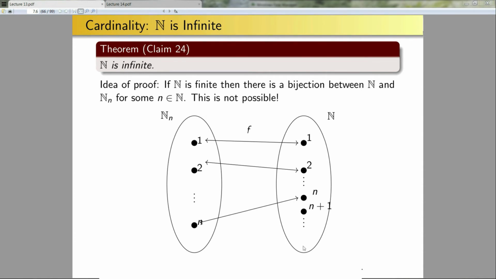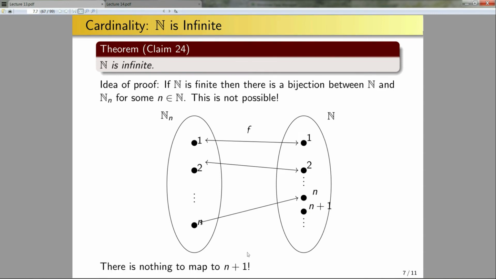So now I can notice that N has this element n plus 1 that does not have anything that maps to it. So explicitly, there is nothing to map to n plus 1. Now this is a problem because since nothing maps to n plus 1, this function f cannot be a surjection, which means that any function f from little N sub n to N cannot be a bijection.